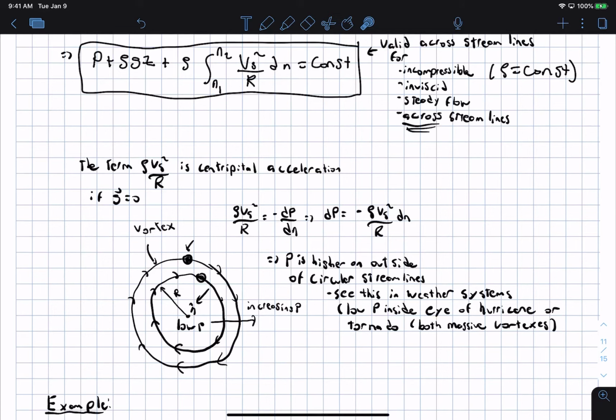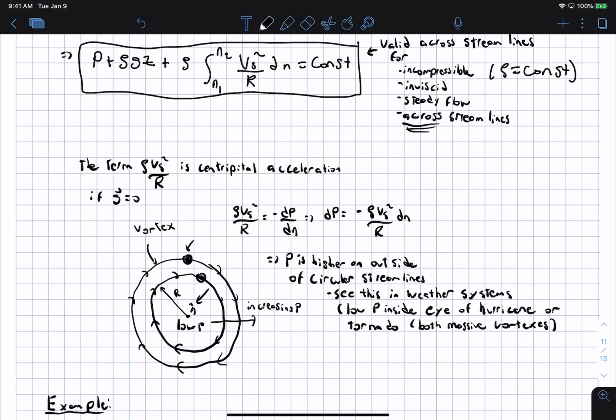And so there is low pressure at the center of a tornado, and that's why they can pick things up off the ground and lift them up. It's because you have a region of very low pressure that can suck up dirt and cows and things like that. Or the eye of the hurricane has a region of low pressure.